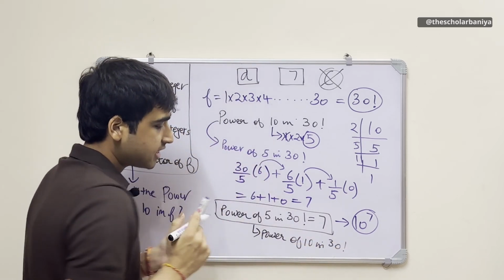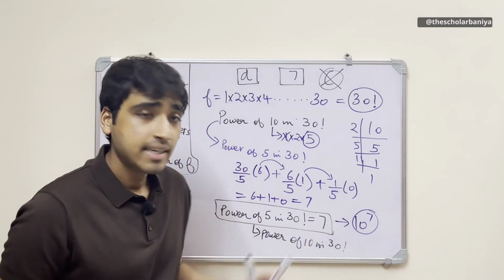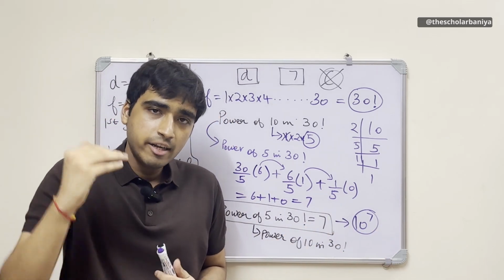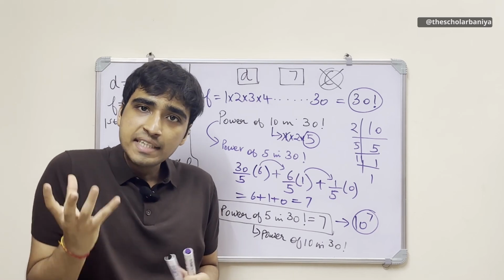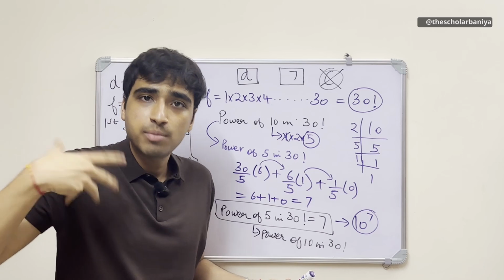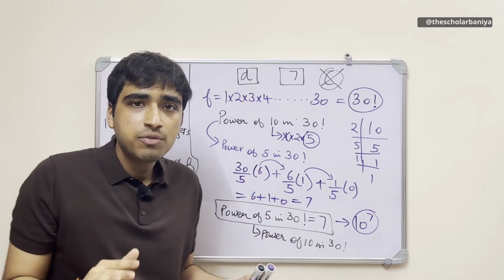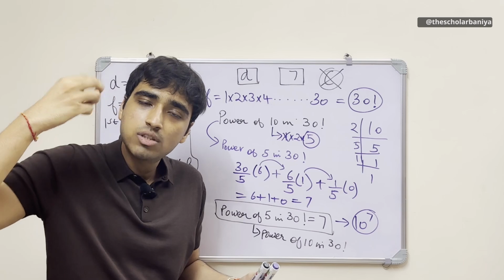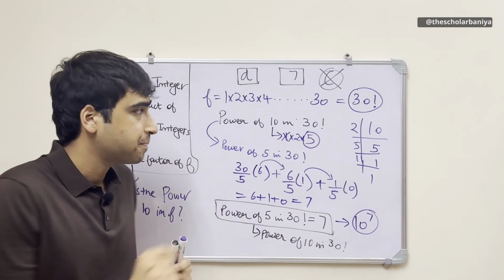But if 10 to the power 7 is a factor in 30 factorial, obviously 10 to the power 6 will also be a factor. I think there is no doubt. Similarly, 10 to the power 5, 10 to the power 4, 10 to the power 3. So D can be 1, 2, 3, 4, 5, 6 or 7. It can be any of these numbers.